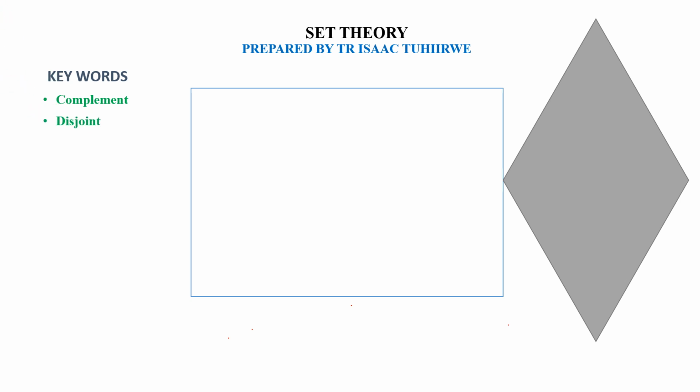And the second keyword is disjoint. Disjoint sets are sets with no members in common. I may have set A as 1, 2, 3, 4, 5, and then set B I have A, B, C, D, E, F. When you come to find common elements A intersection B, you will not get any element belonging to A intersection B. It means that A intersection B will be an empty set.